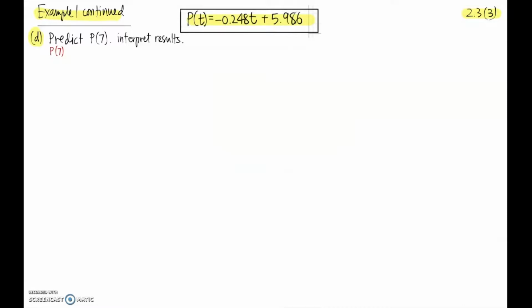And P of 7 will equal, just using the model, 0.248, our input isn't T, it's 7 now, plus 5.986. And so for P of 7, I just got to use my calculator and figure out what this number is. And I found out that P of 7 equals 4.25.